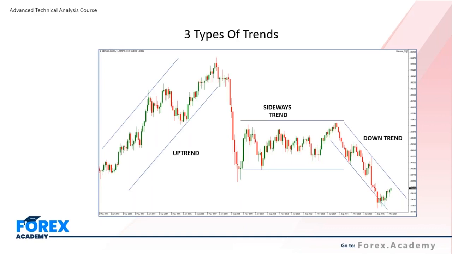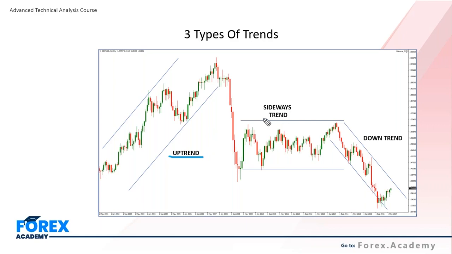Okay, so let's look at the first one, 3 types of trends. You can see in this chart very clearly that we have 3 directions in the market. The first is an uptrend during this phase over here. The lines that I've drawn are not really important at this stage. They are just superimposed over price action, simply to highlight the direction that we're focusing on during the 3 different phases.